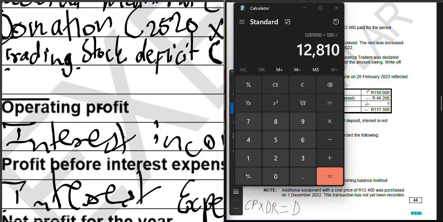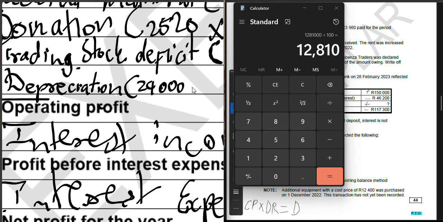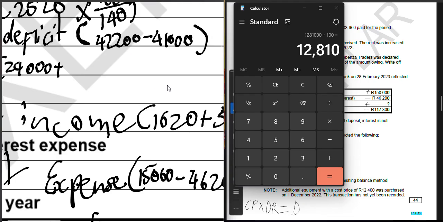This information will be added to depreciation, so we are going to add depreciation right here. So we have 24,000 plus 12,810. Okay, so that depreciation we are done with.